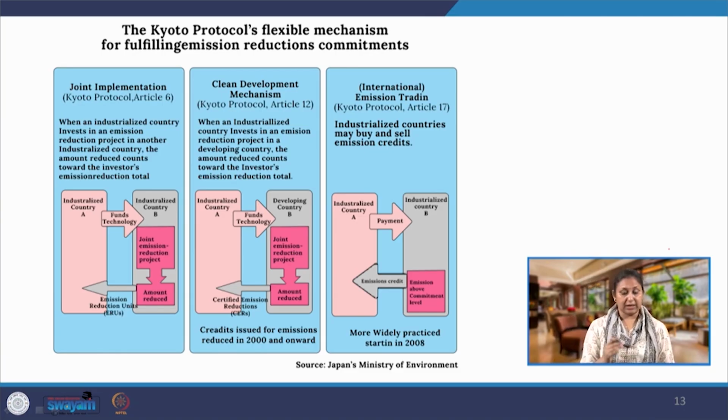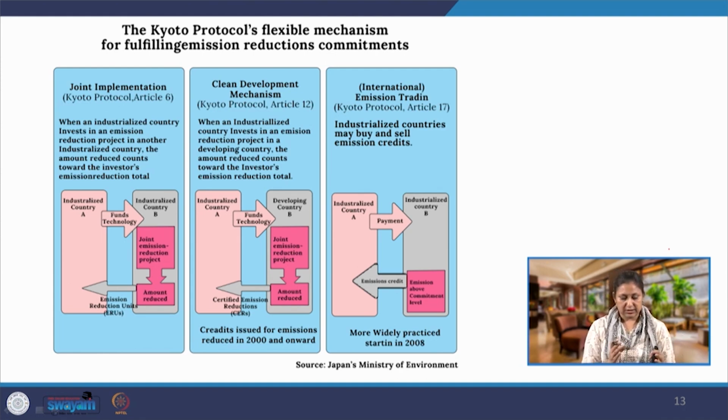So, this is one mechanism. The second mechanism is the Clean Development Mechanism, where the industrialized country invests in an emission reduction project in a developing country. They invest, and the credits that are earned by reducing the emissions are credited to the investors' emission reductions.